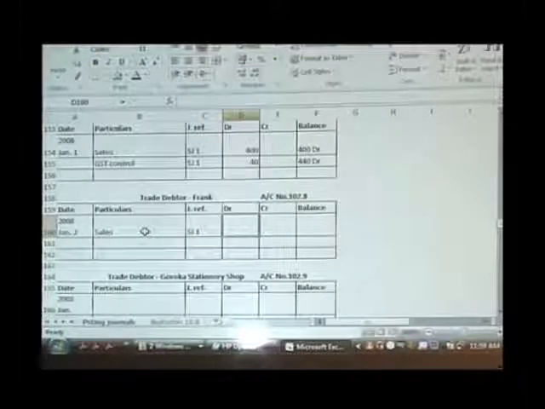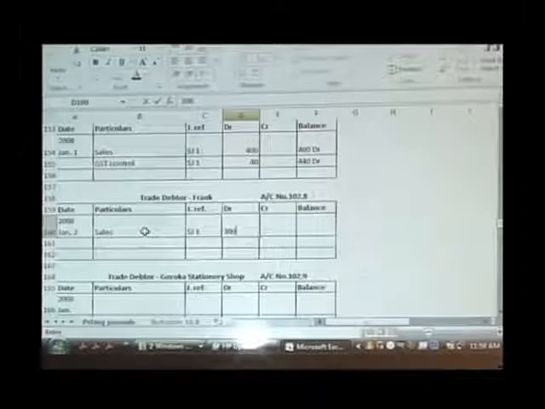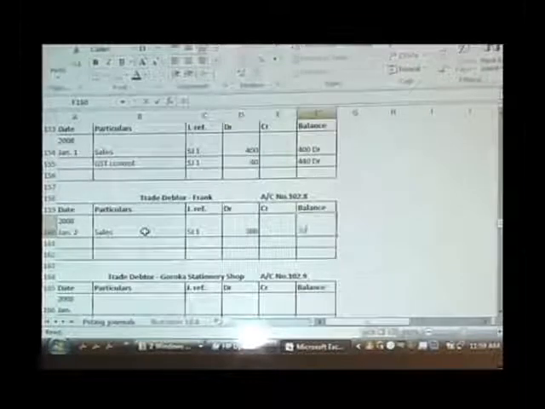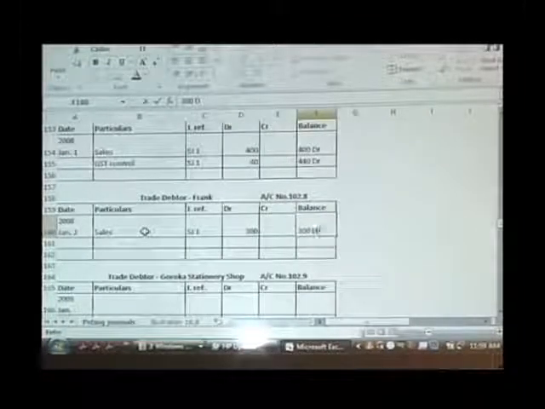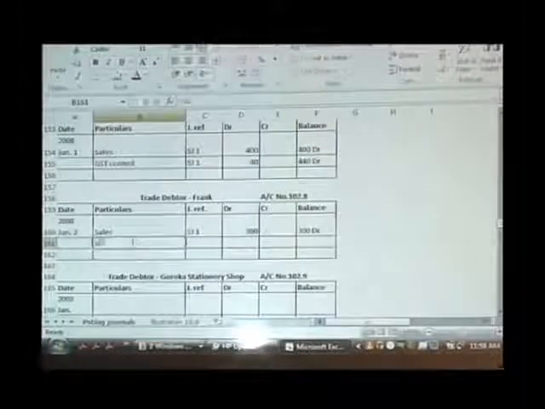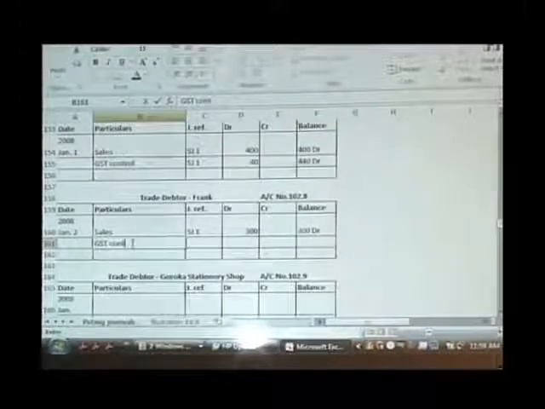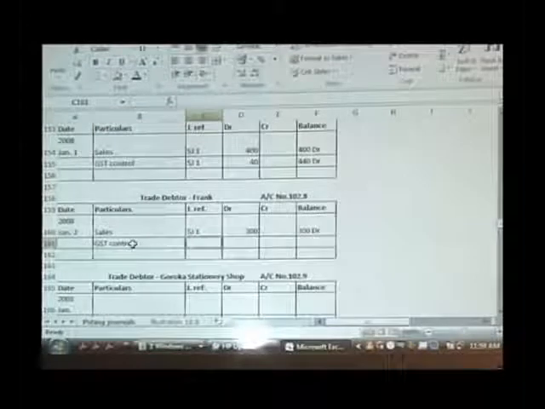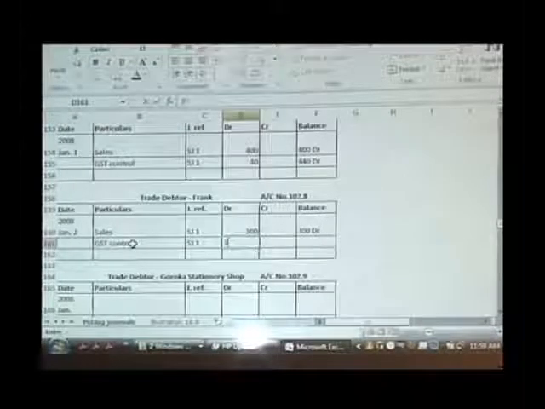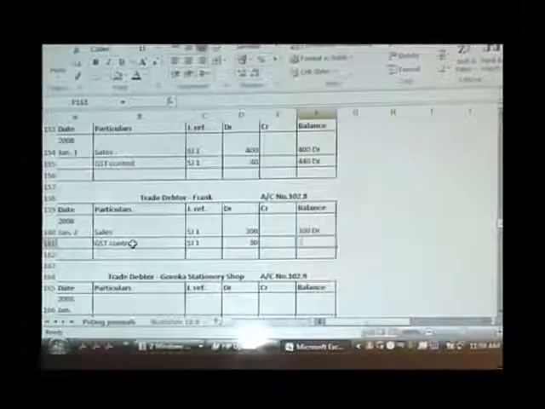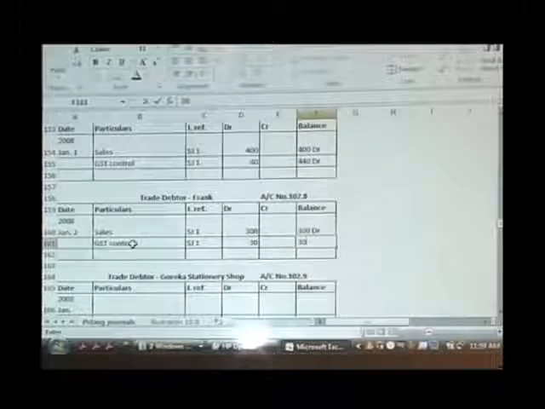Sales 300 here, and GST control 30 kina. Then the total amount receivable from Frank is 330 kina inclusive of GST.